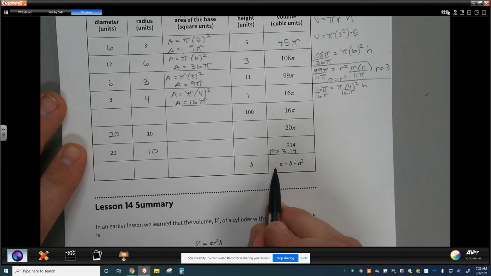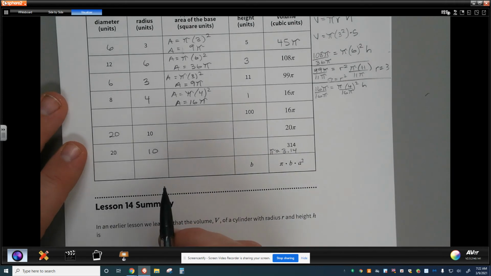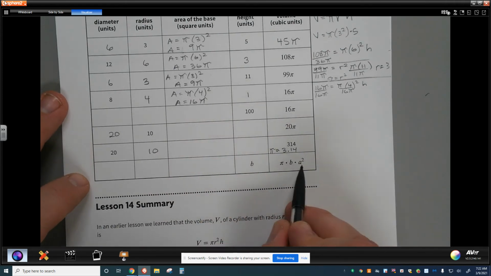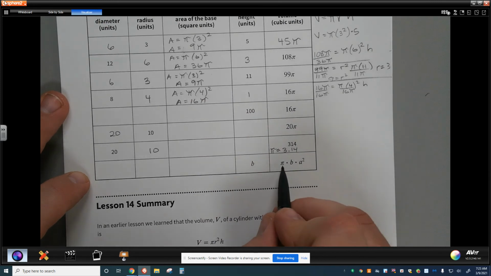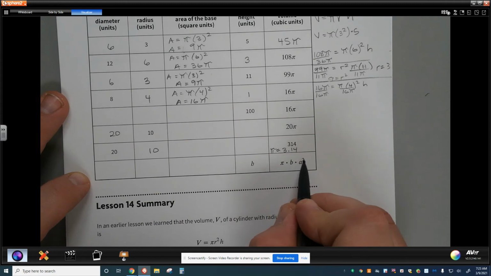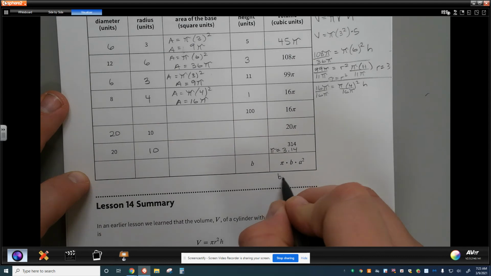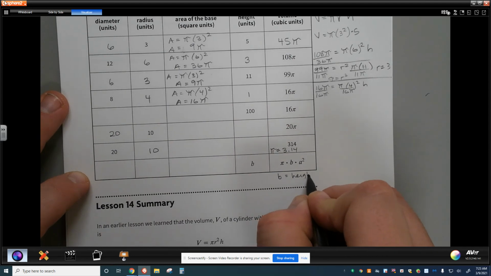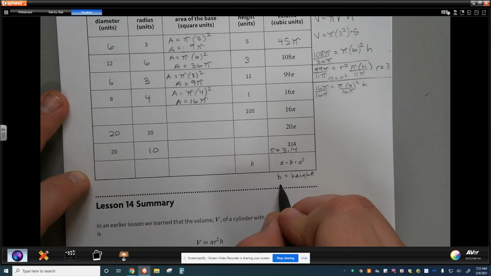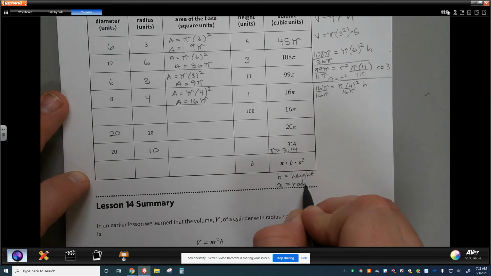This last one could get a little tricky, but I think it's pretty easy if we start looking at just what's given right here. We see that the total volume is equal to pi times b times a to the second power. What that tells me is that b is the height right here. That leaves a as the radius.